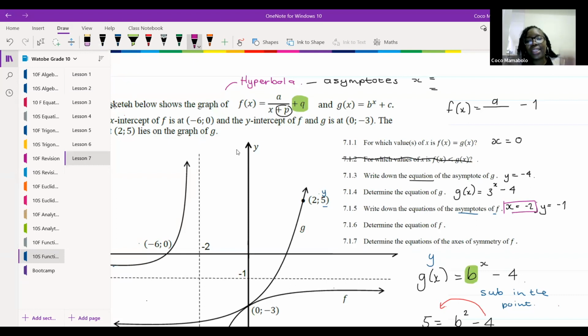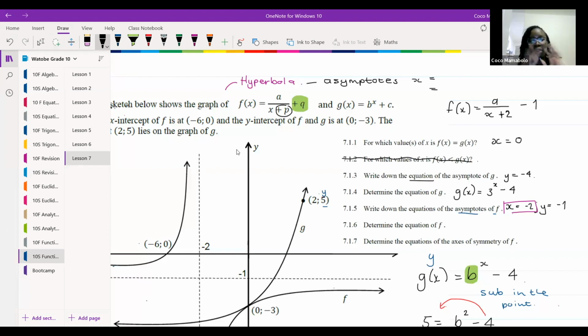So instead of writing -2, we're going to write +2. So we are going to have f of x is equal to a over x plus 2, minus 1. Give me a thumbs up if that made sense.